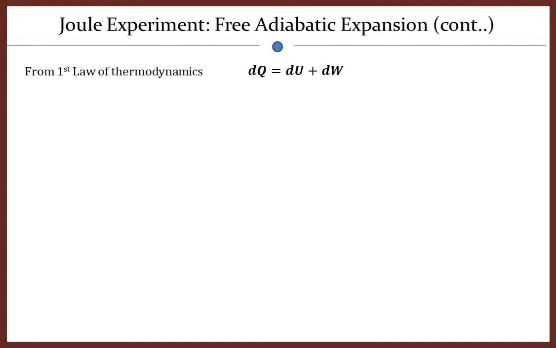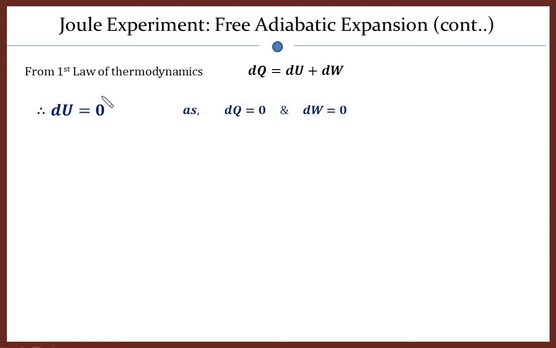Now we know from the first law of thermodynamics that dQ equals dU plus dW. Heat exchange equals change in internal energy plus work done. But for this experiment, dQ is 0, dW is 0.